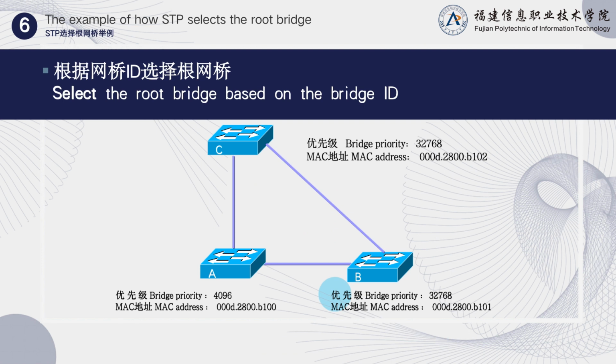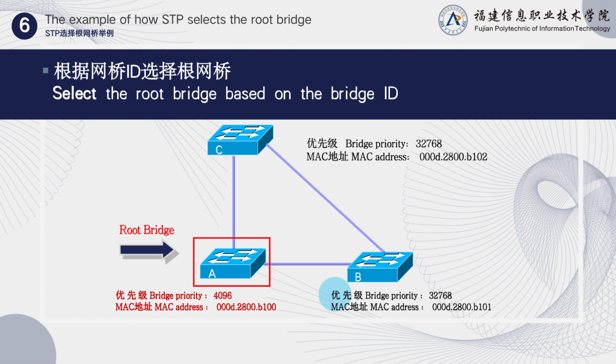According to the topology, we can know that switch A has the smallest priority value and the MAC address value is also the smallest. So, the smallest BID value in the topology is switch A. It is selected as the root bridge.